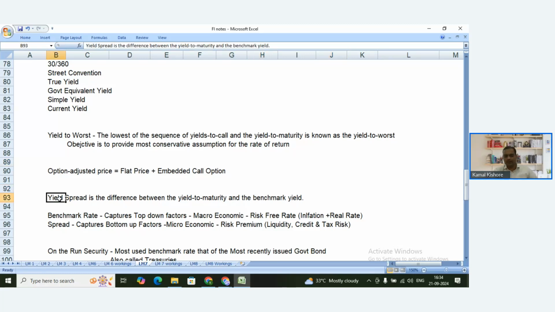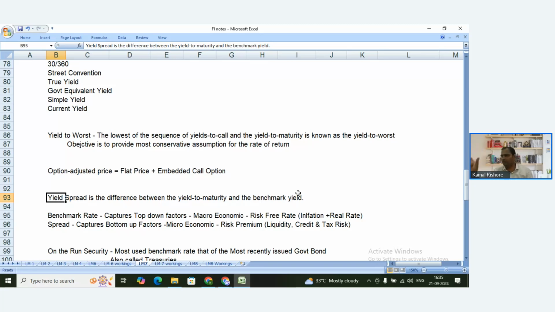Yield spread here is nothing but your risk premium. Yield spread is the difference between the YTM that you want and the benchmark yield. Able to understand? Keep writing these things. These things are there in the book, but the more you write, the more simply you will understand.